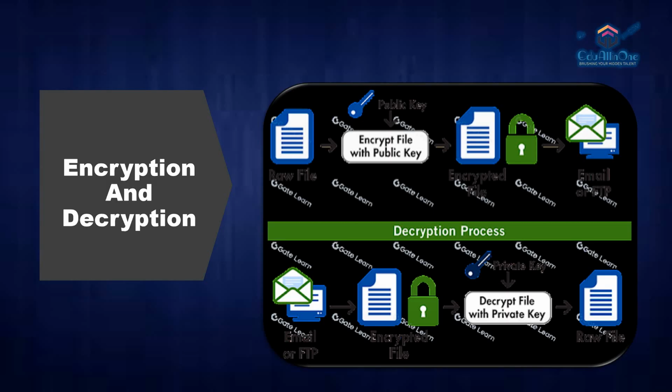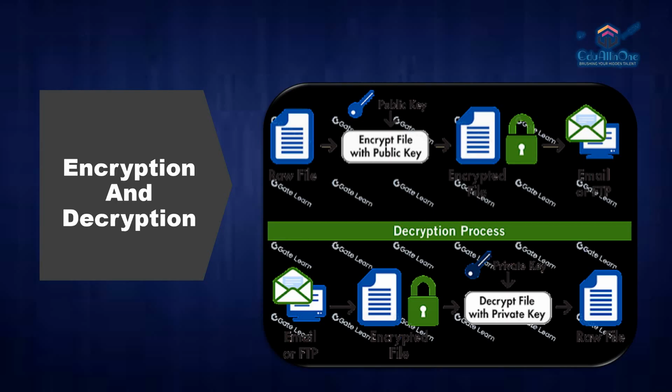This encrypted file is then sent to the receiver. The receiver uses a private key for decryption, or some decryption algorithms, and gets the plain text, the exact message the sender wanted to send. This is the whole process of encrypting and decrypting.